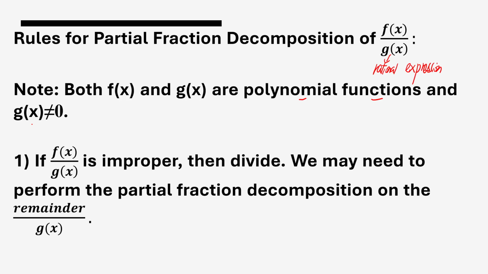And basically, we have several steps to follow. First of all, we need to look at whether f of x over g of x is improper. If it's improper, we have to divide it using long division.